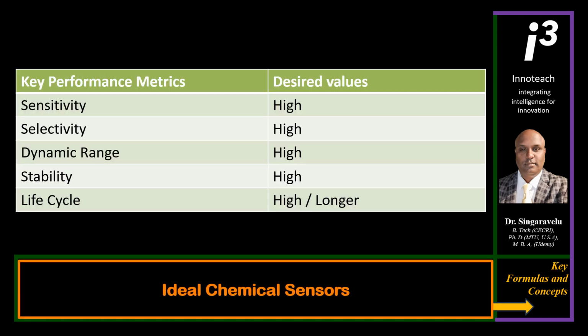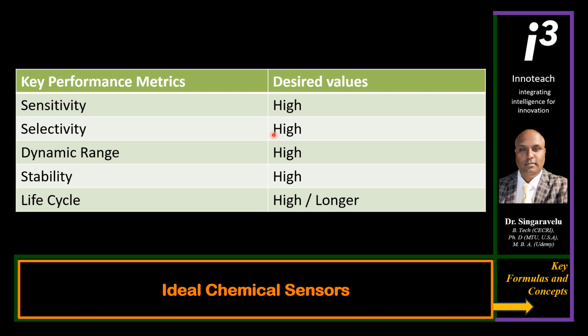So here, what kind of values would you like to have in ideal chemical sensors? For example, for the key performance metric sensitivity, we would like a higher value so that for a smaller change in concentration, the difference in the signal is higher.